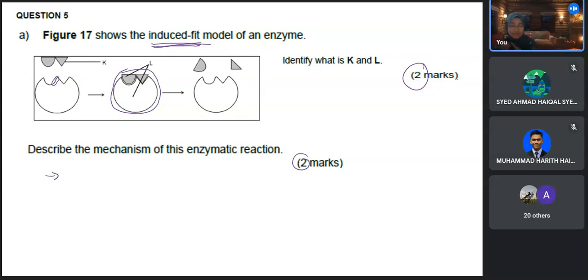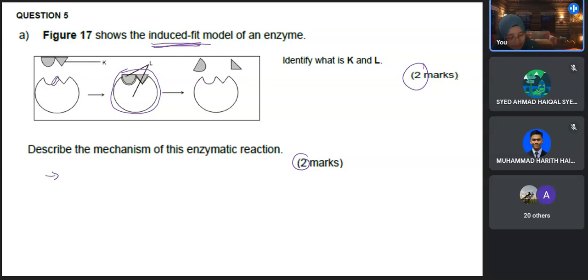The first key point you need to include in your answer: as the substrate binds to the active site of the enzyme, it causes a slight change in the shape of the active site. What is the significance of this slight change? It brings the enzyme into the correct orientation with the substrate to form the enzyme substrate complex, and leads to the production of the products.